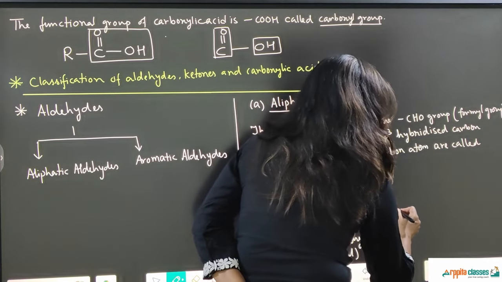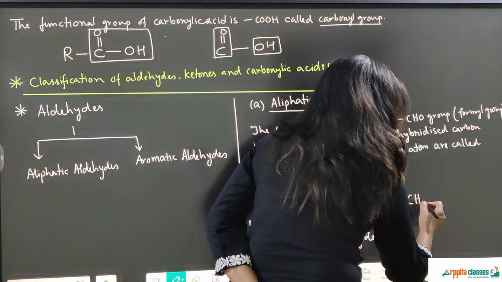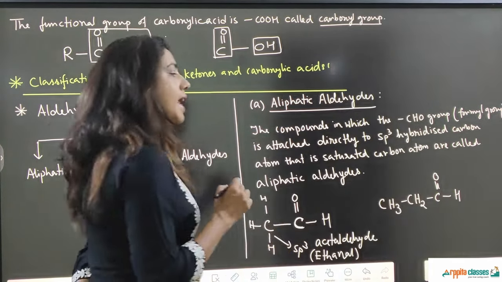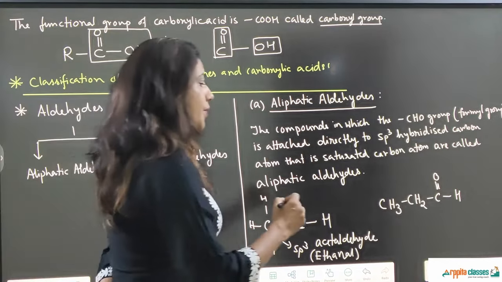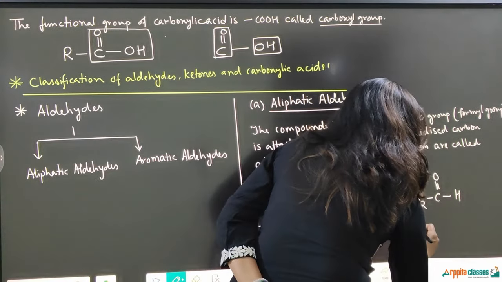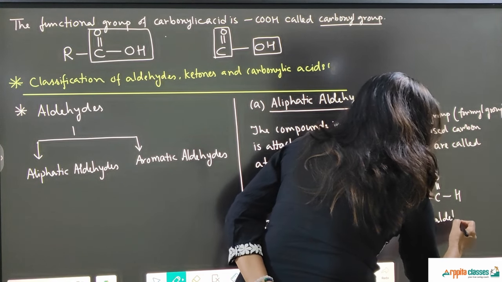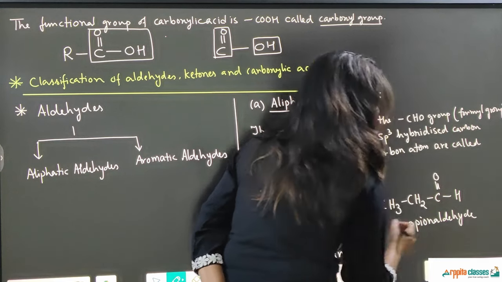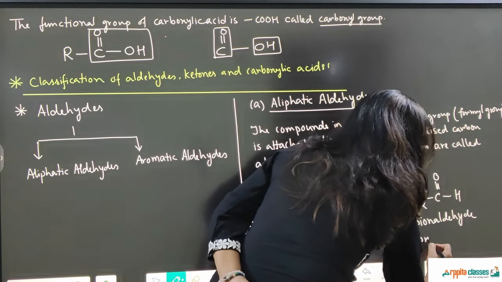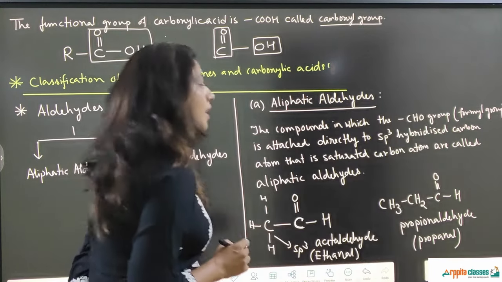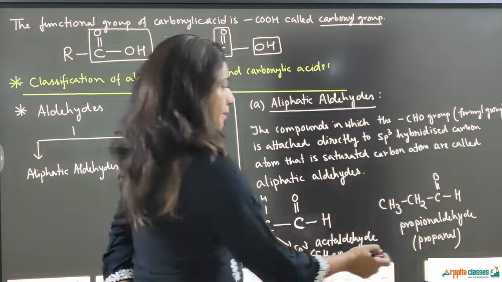Similarly, if I have CH3CH2CHO, this is an aldehyde with three carbon atoms. This is called propionaldehyde. Propionaldehyde is the common name, and the IUPAC name will be propanal. So these are your aliphatic aldehydes.